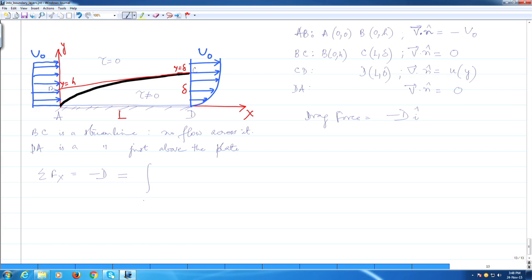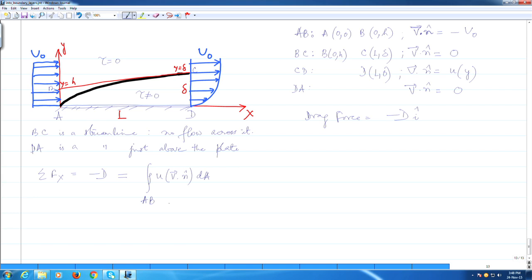You could write a double integral there, I am not doing that. So, AB, u V dot n dA into rho. This, AB.